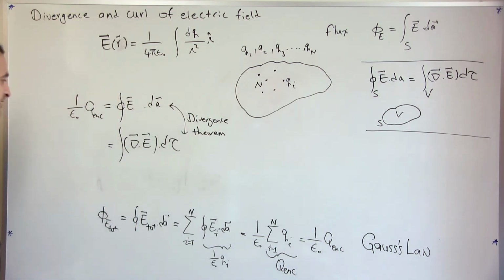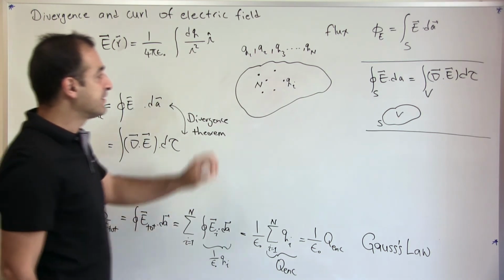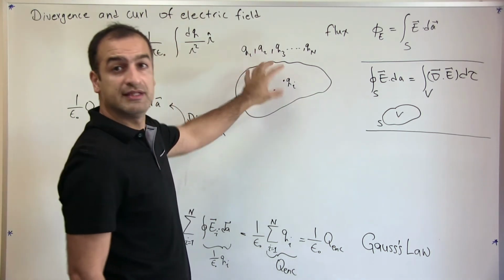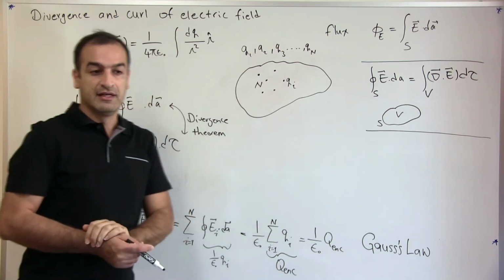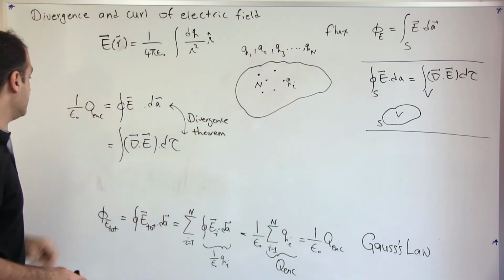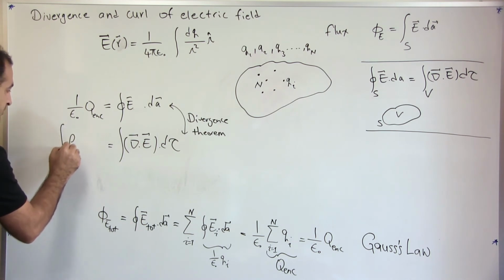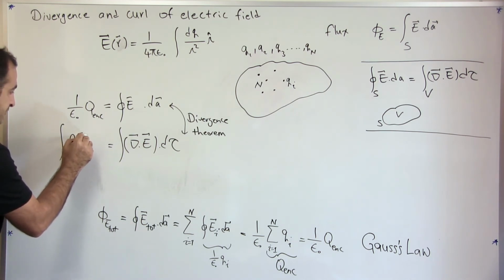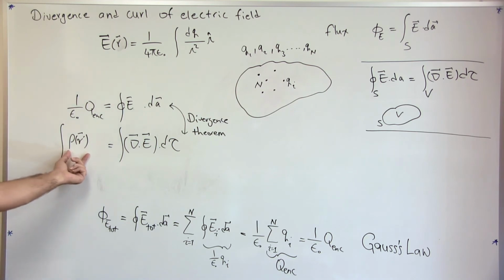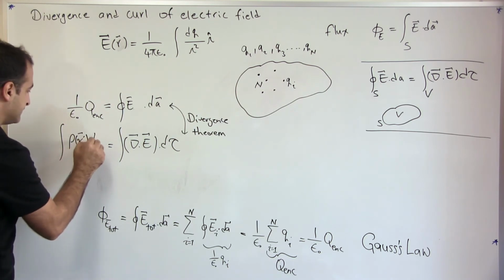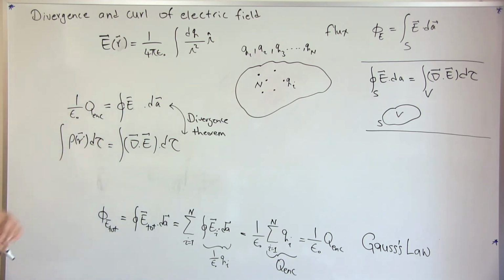On the left-hand side, what do we have? We have 1 over epsilon 0 Q enclosed. If you have a continuous charge distribution inside this surface, the way we can calculate the enclosed charge is by integrating rho of r prime, which is the volume charge density, times d tau, which is the infinitesimal volume.